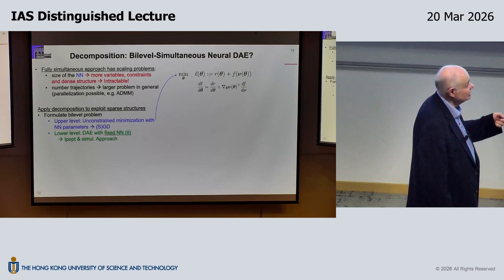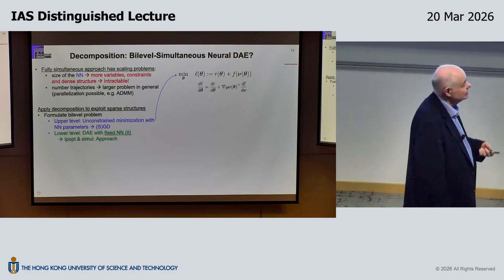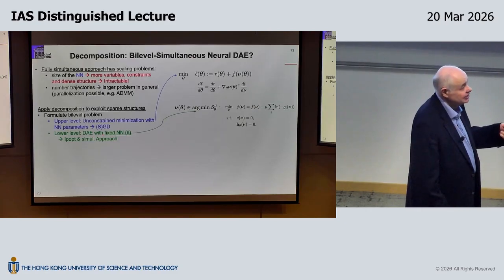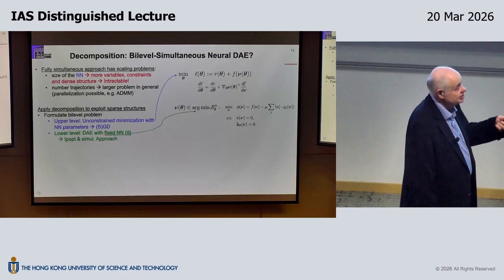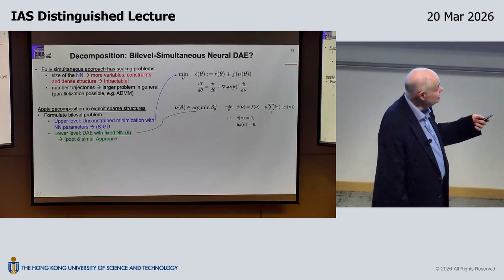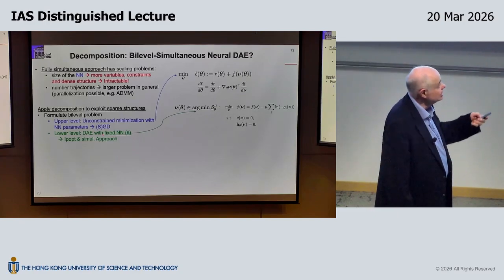And so that's the upper level. You can use SGD for this. The lower level, what you're doing is you're solving the optimization problem, except without the thetas. Thetas are now fixed. And so this, you can use your standard large-scale optimization with a fixed neural net.